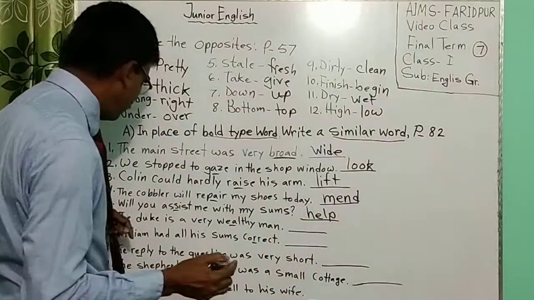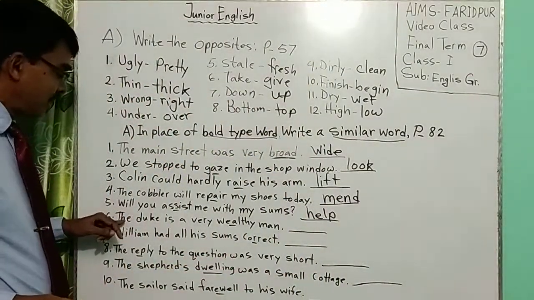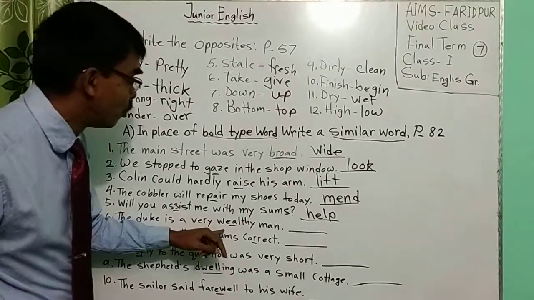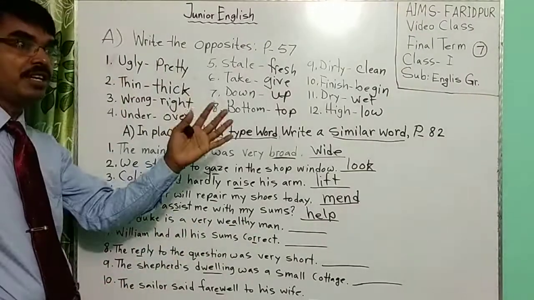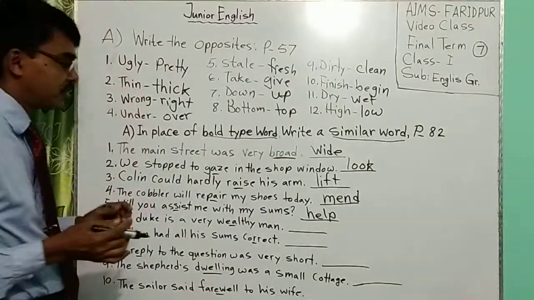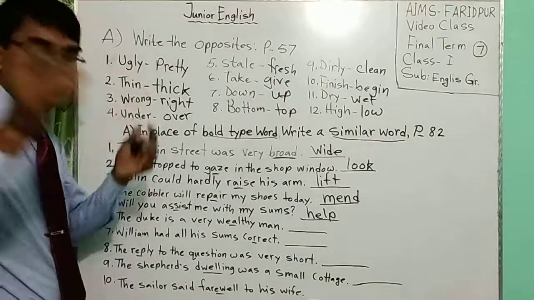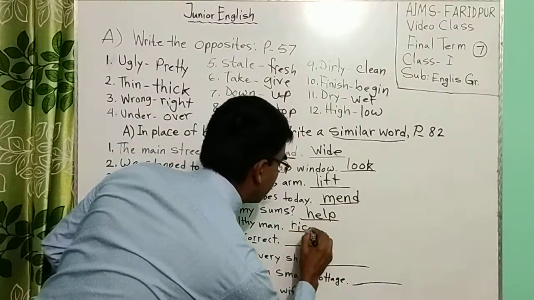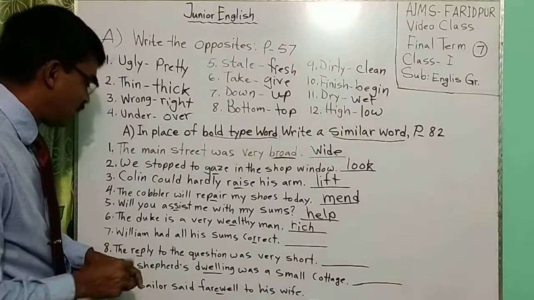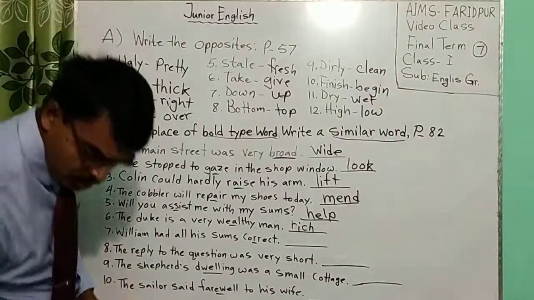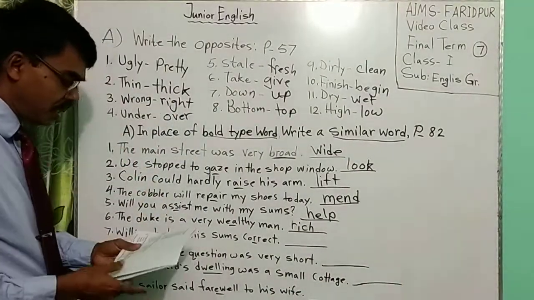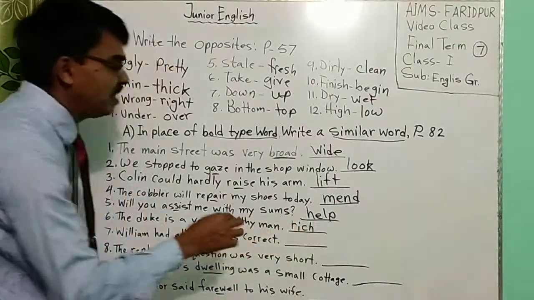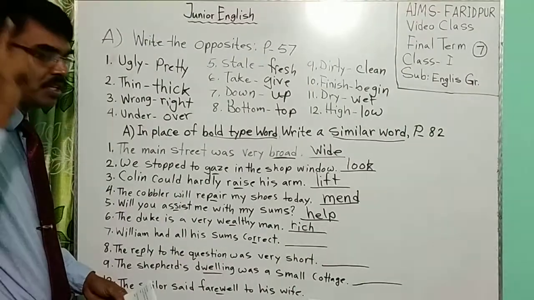Then sixth number, the Duke is a very wealthy man. Wealthy, who has a lot of things. Another word, rich. One thing I want to correct here: in the sheet I have given the rich spelling mistake, R-E-A-C-H like this, but that is wrong.